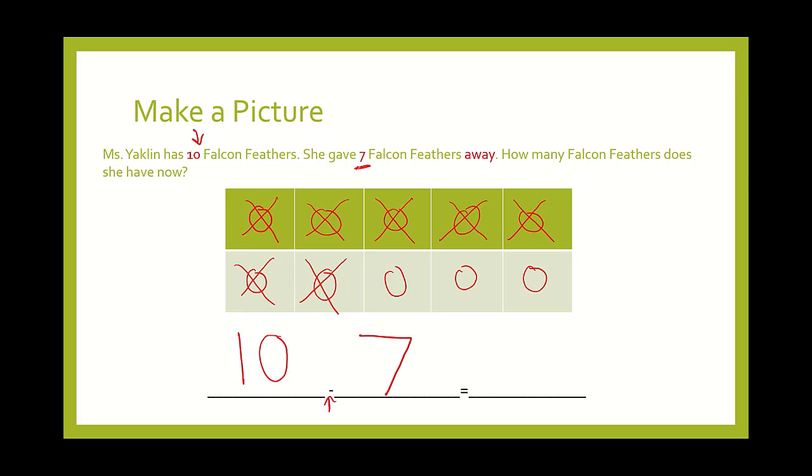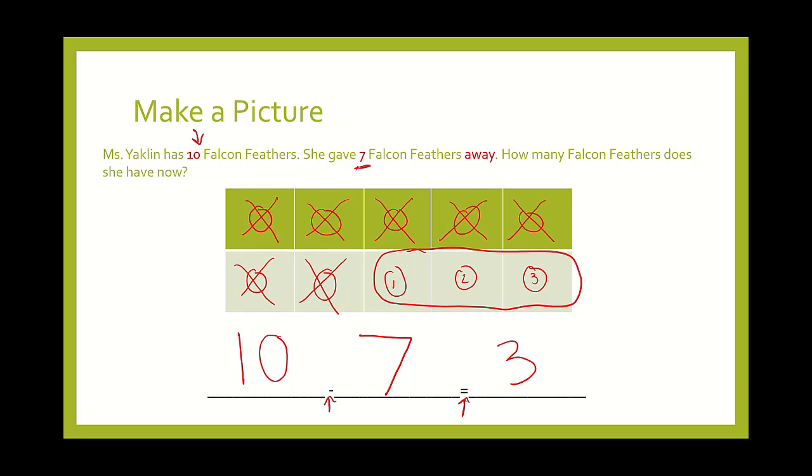So 10 take away 7 is, and then we have to count to figure out what it is. We have to count what's left over. So let's count what is left over. 1, 2, 3. So what is left over is 3 falcon feathers. So we're going to write the number 3 after our equal sign.